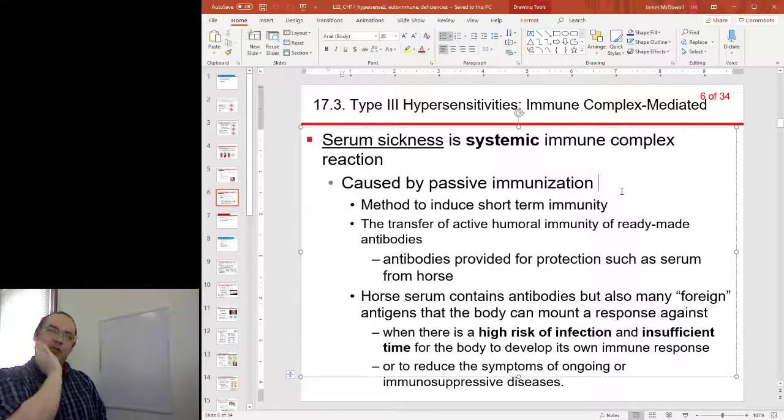So sometimes you get maybe a toxin, and an example that you might think about is getting bit by a rattlesnake. If you get bit by a rattlesnake, you have an injection of toxin into your body, and the toxin is very fast acting. You don't have a chance to mount an immune response against that toxin and also combat it.